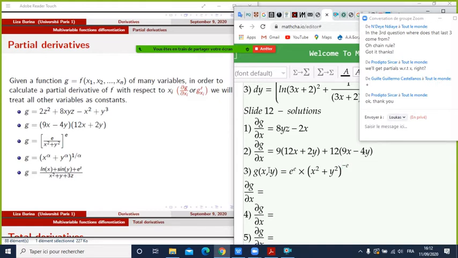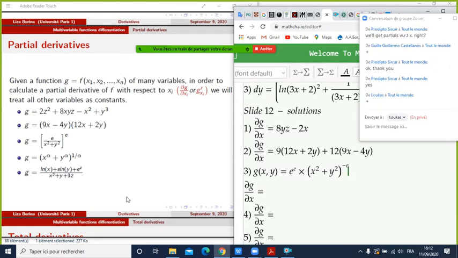Do you agree with that? You could do it or not, but I prefer doing it because I have my e to the power of e, it's just a constant, so first thing I'm gonna write it here, and then I'm not dealing with this as with a fraction, and I'm using a chain rule, but just one step.